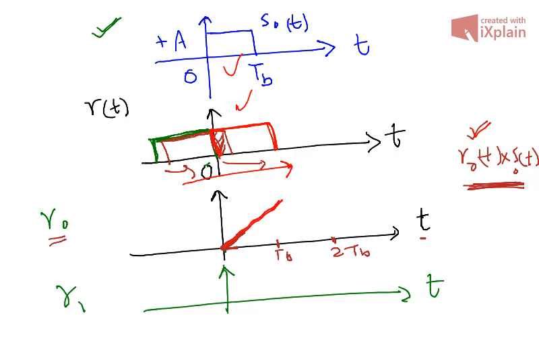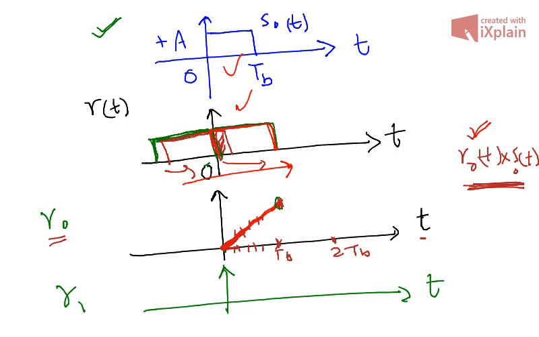So your product R0, at every instant, has a certain value, and this value is maximum at TB, when you completely receive your signal.